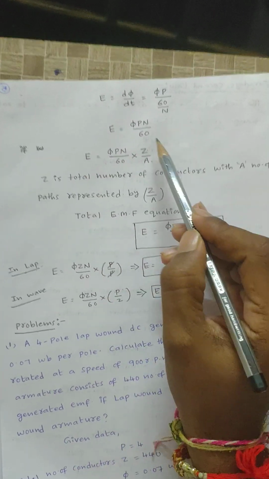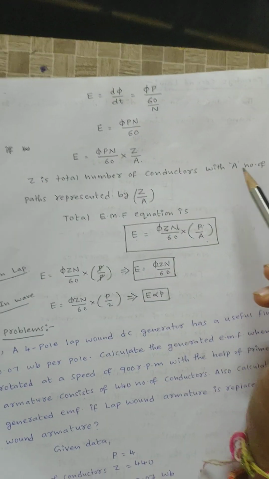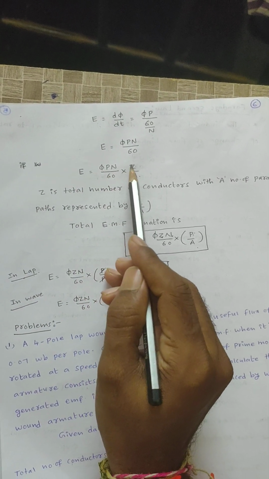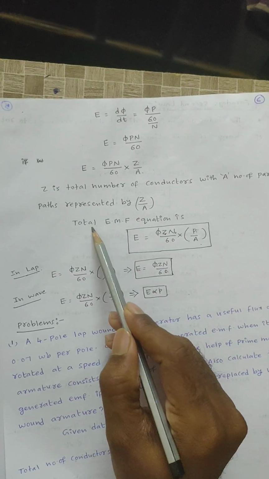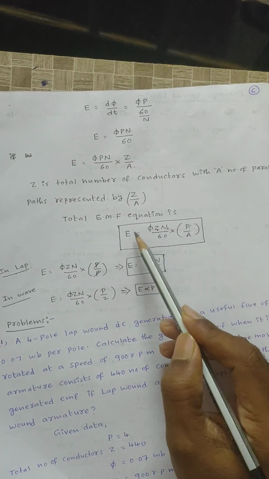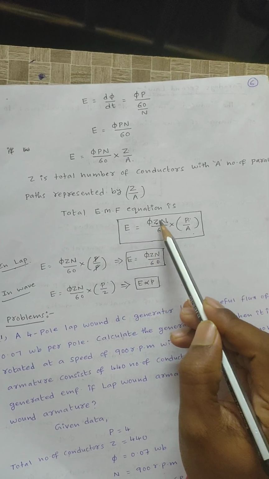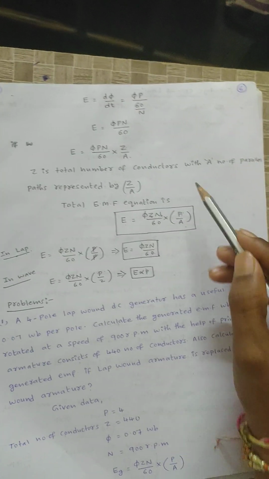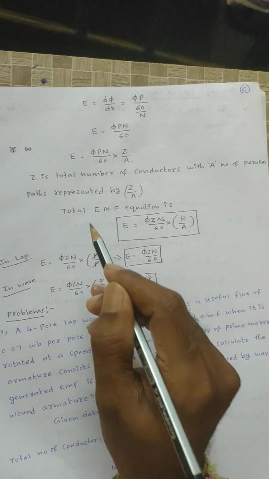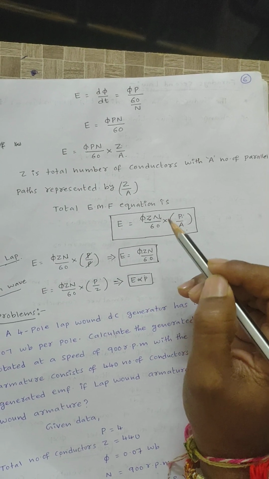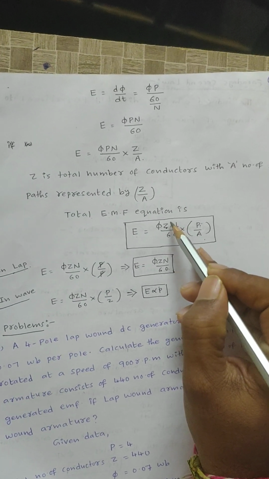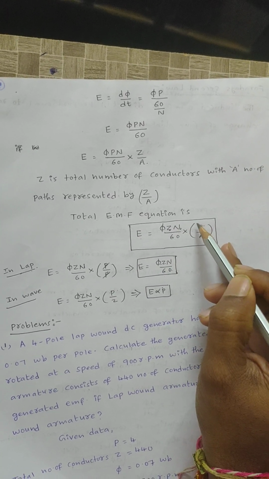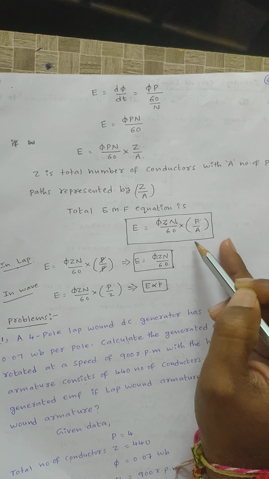If we consider the total number of conductors Z and the total number of parallel paths A, then the EMF equation of the DC generator is phi P N by 60 into Z by A. If I simplify this equation, the EMF equation of the DC generator is E is equal to phi Z N by 60 into P by A. From this EMF equation, the observation is that once the machine design is completed, the total number of conductors is constant, the number of poles is constant, and the number of parallel paths is also constant.